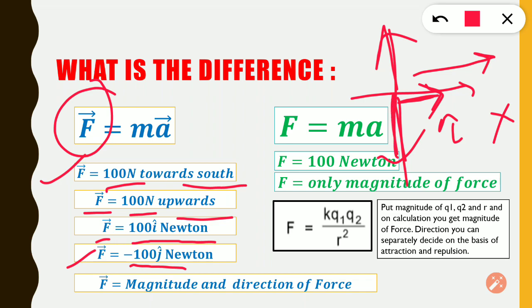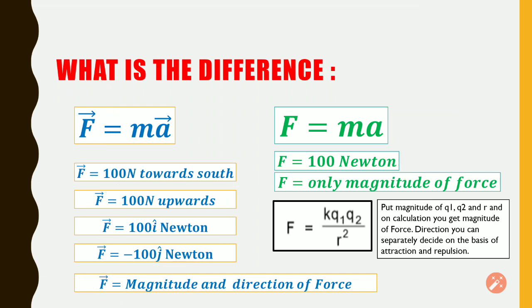Then what is the meaning? Minus 100 J cap Newton means 100 Newton along minus J cap vector. Minus J cap means along negative y axis. So whenever we use a force with vector sign, we have to express magnitude as well as direction.